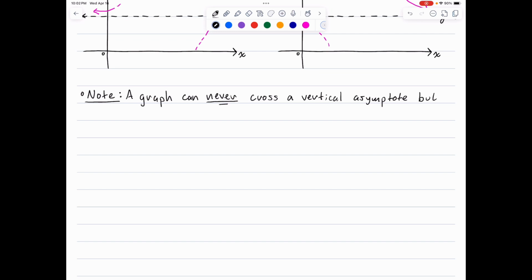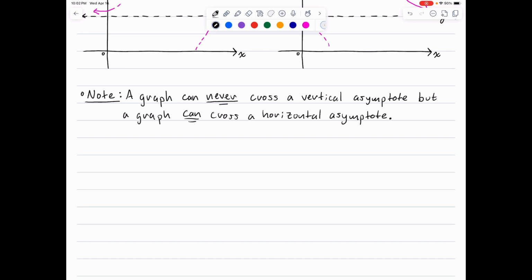But a graph can cross a horizontal asymptote. So it's something you need to keep in mind.